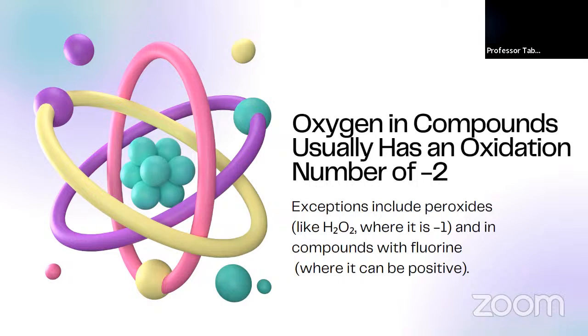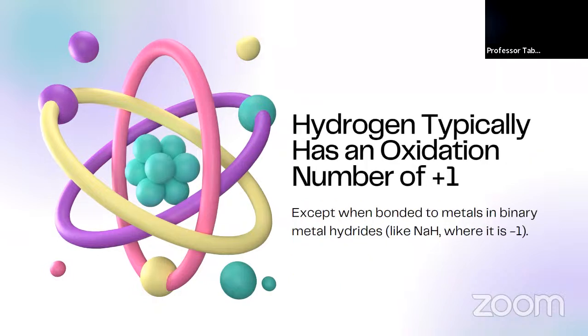So if you have H2O2, you would assign the oxidation number to oxygen as -1, okay? And in compounds with fluorine, it can be positive. I know a lot of times students get these rules mixed up, but if you have these rules near you when you're doing your homework, it makes life so much easier.